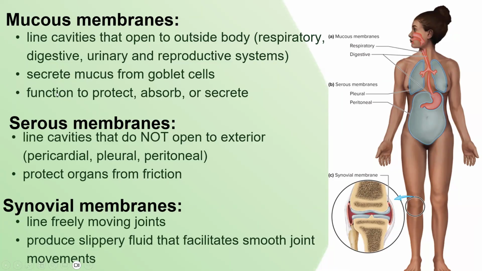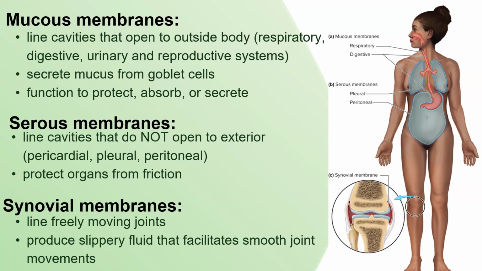So I just said a lot of this, but we'll run through it again. And so our mucous membranes are going to line those cavities that open to the outside of the body. And we have goblet cells, which are typically either a columnar or cuboidal cell that secrete mucus. And so one thing it's going to do is protect. So these open to the external environment.